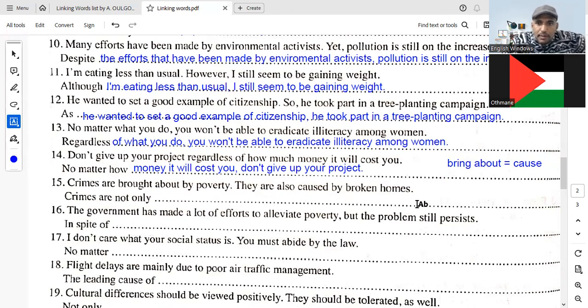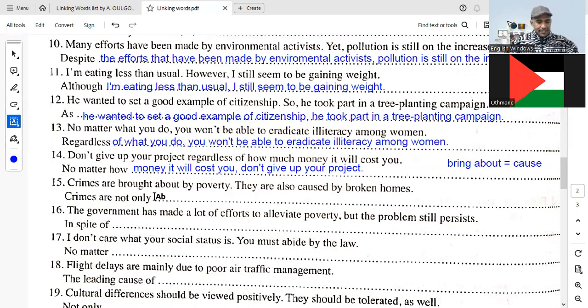They are also caused by broken homes. Crimes are not only brought about by poverty.